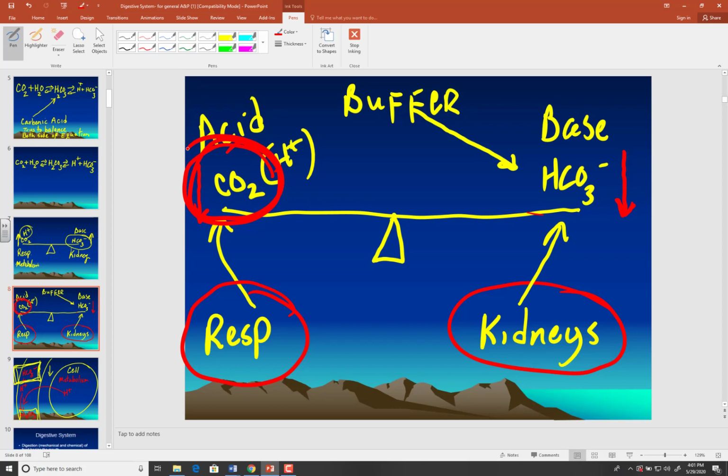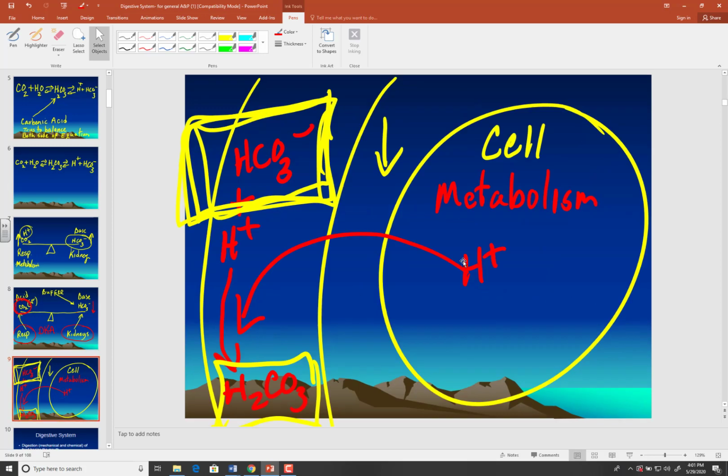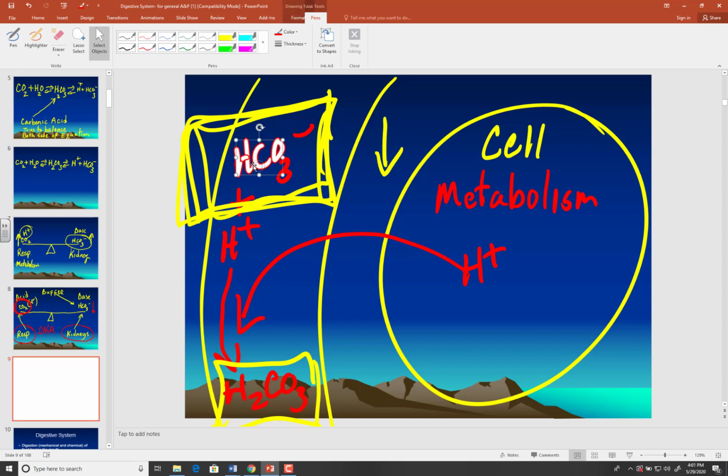And there's a condition that we'll learn about. It's called diabetic acidosis. And when people go into a diabetic ketoacidosis, the cells of the body are dumping a bunch of extra hydrogen ions into the blood. Bicarbonate is going to grab them and lock them up, and you're going to use up your bicarbonate.